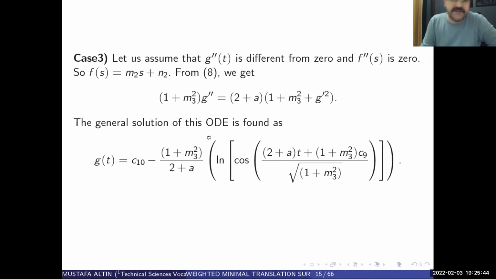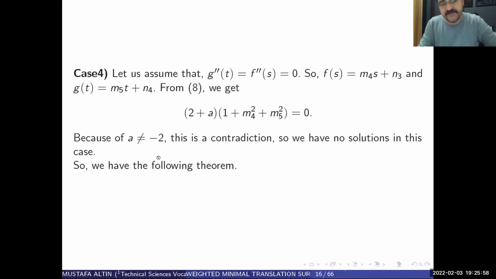Case 3: let us assume that the second derivative of g is different from 0 and the second derivative of f is 0. In this case, we have this function. Case 4: let us assume that the second derivatives of g and f are 0. In this case, we have a contradiction, so we have no solution.